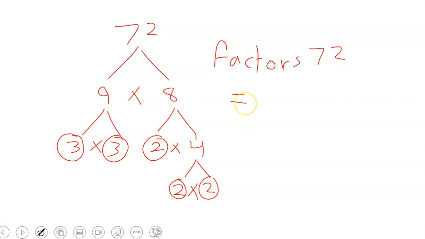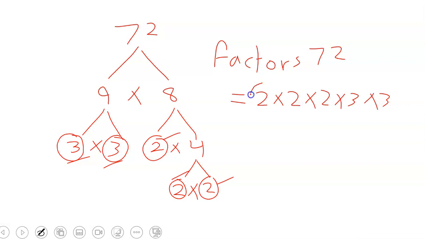I order them from least to greatest: 2 times 2 times 2 times 3 times 3. Now I write all prime factors of 72.